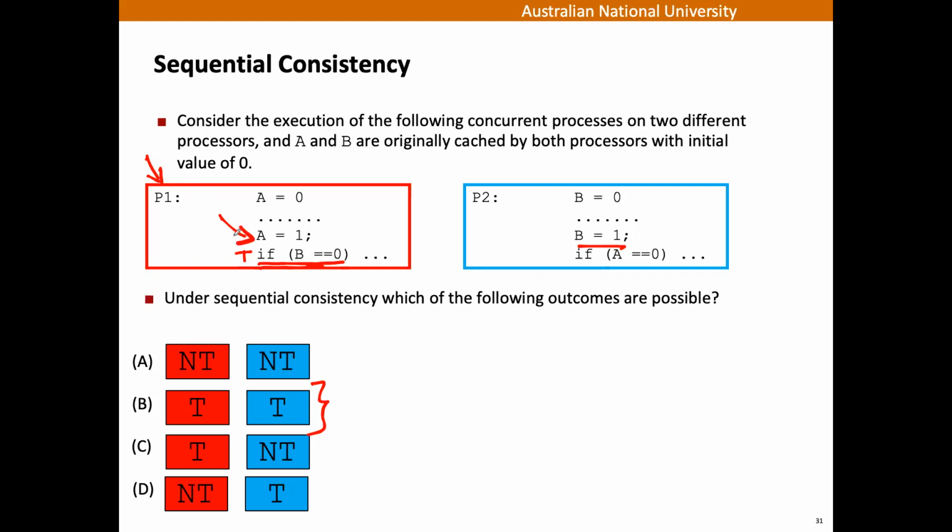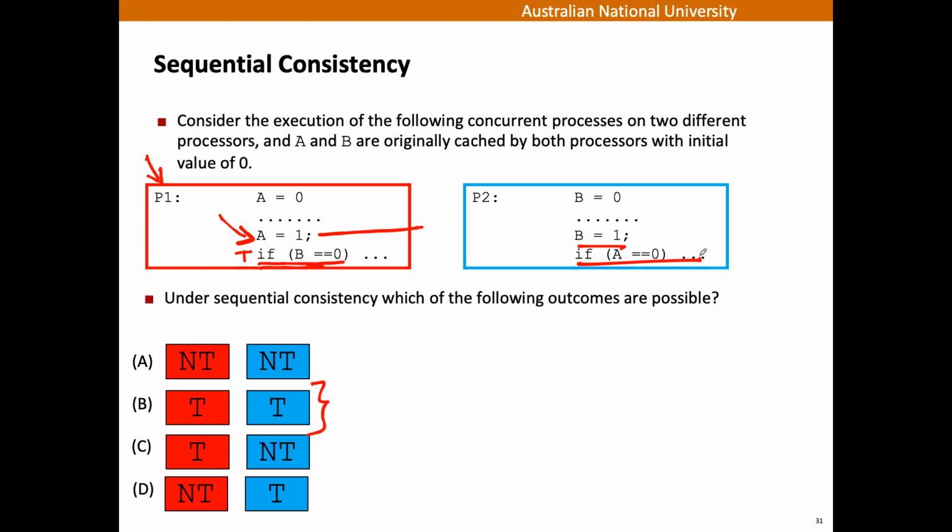It must have executed. Under sequential consistency, if the branch is executed, then the assignment above it must have executed. We must not violate the ordering of instructions within each process. If this is executed, then it means that this cannot be taken. Under sequential consistency, taken is not a valid outcome.